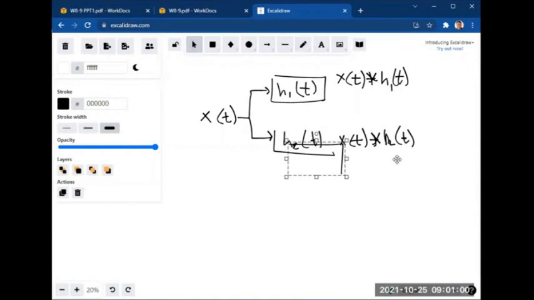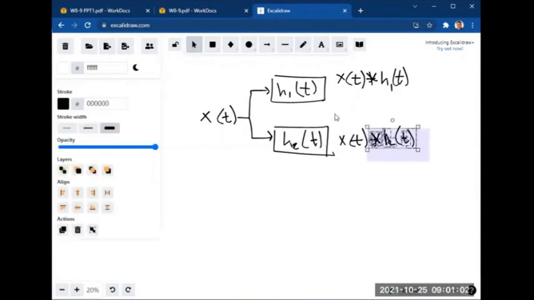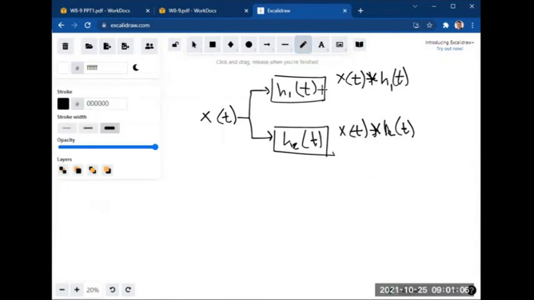The next thing we do is put this in another process, meaning we add 2 signals. Adding and convolution are different. I think you're already familiar with adding, as it was discussed in other courses.